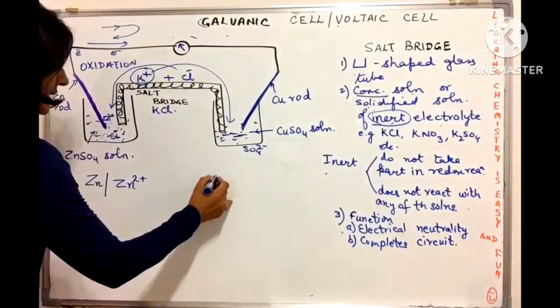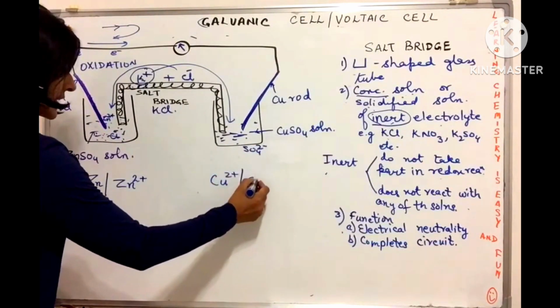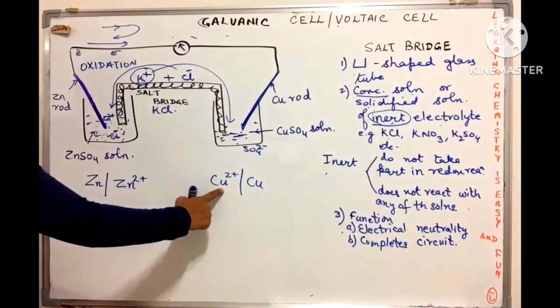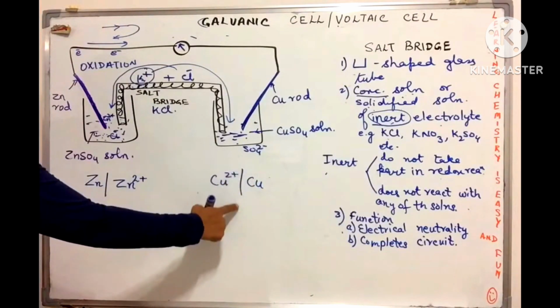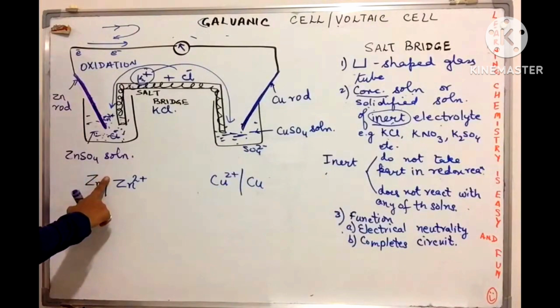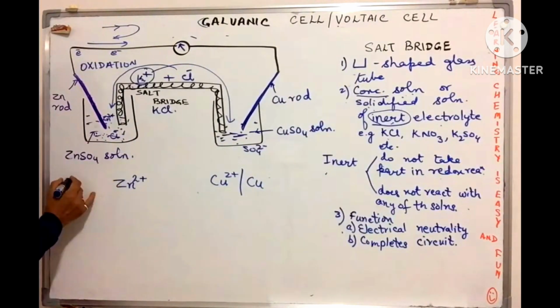On the right hand side, the copper ions on the other hand are getting converted into copper, right? So what I do is I separate the ion and the metal by a single oblique line, by a single slash. Let me make it a little more expressive.